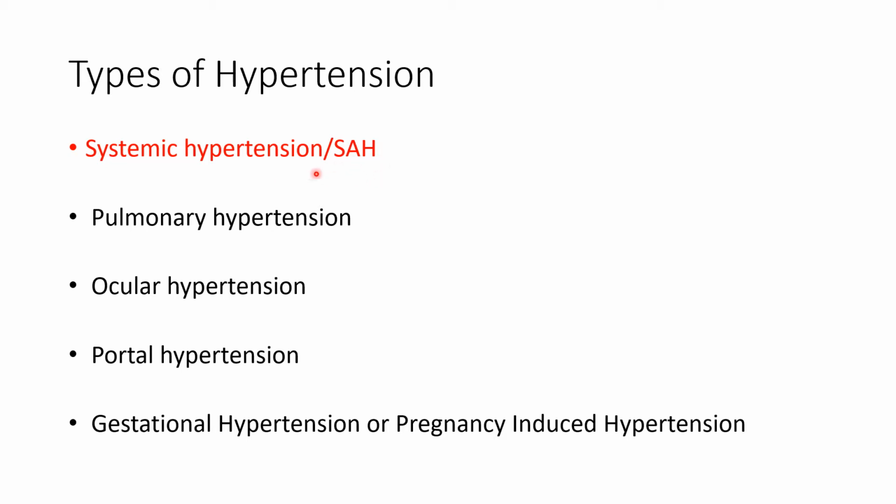But more than that, we can have pulmonary hypertension in the lungs, ocular hypertension, referring to the eyes with increased intraocular pressure, portal hypertension, referring to the liver, and gestational hypertension, referring to pregnancy, otherwise known as pregnancy-induced hypertension. So we can have all these, but today our focus is on what you are familiar with, systemic hypertension.